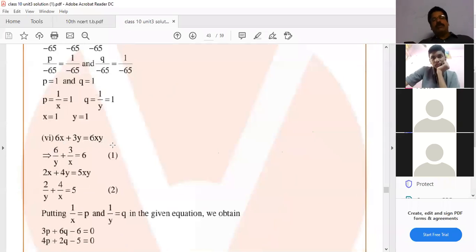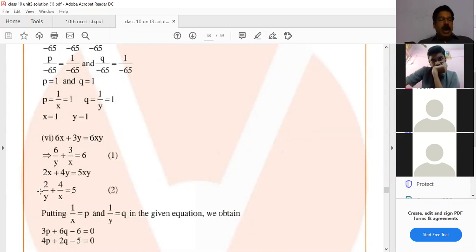So divide by xy on both sides. 6x plus 3y by xy is equal to 6xy by xy, xy cancel, 6 is left over. Then splitting: 6x by xy, x cancels, 6 by y. 3y by xy, y cancels, 3 by x is equal to 6.